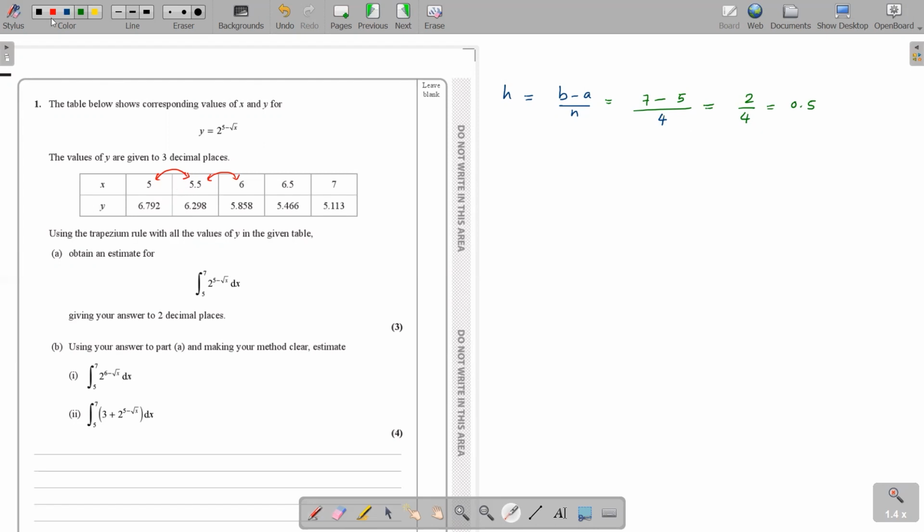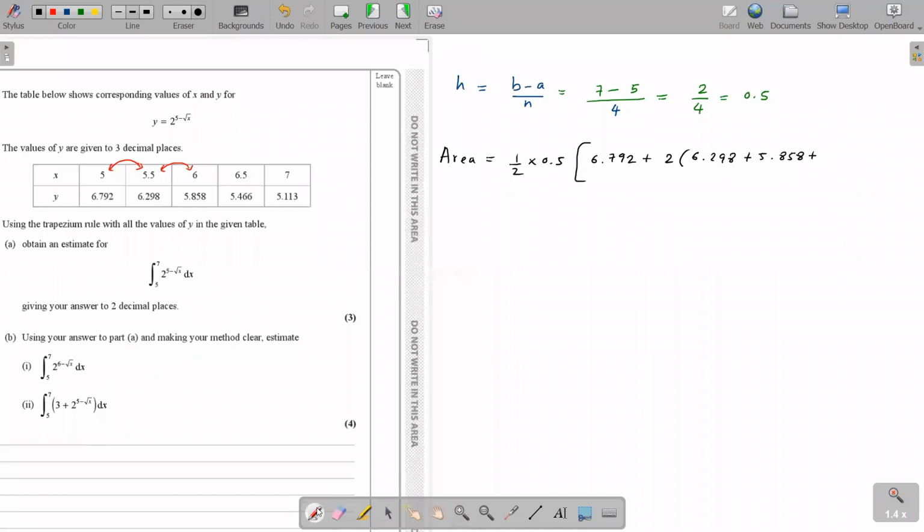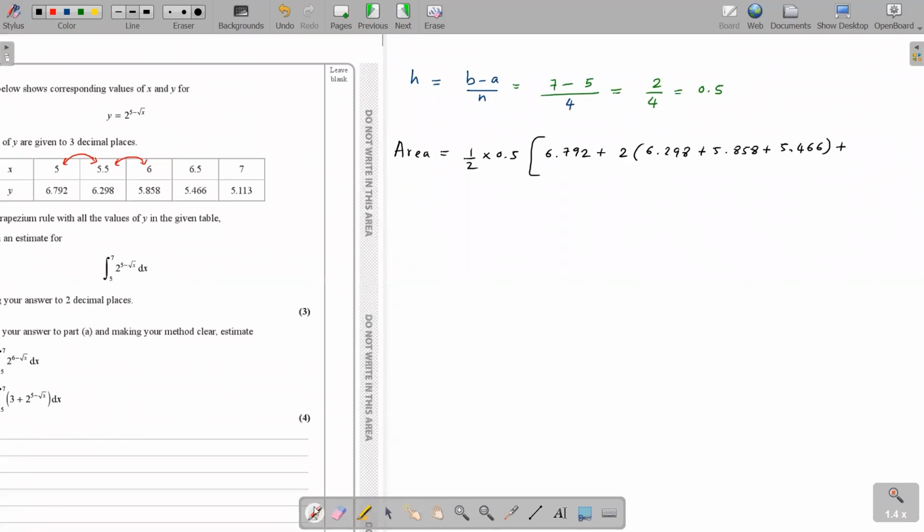Okay, so using the trapezium rule, area equals half h. What do we do? y naught is 6.792, plus 2 times the middle y values, 6.298 plus 5.858 plus 5.466, and then, outside the bracket, we write 5.113.